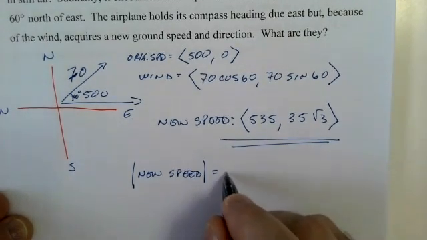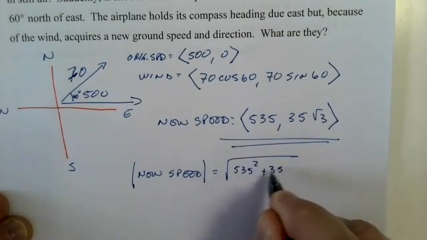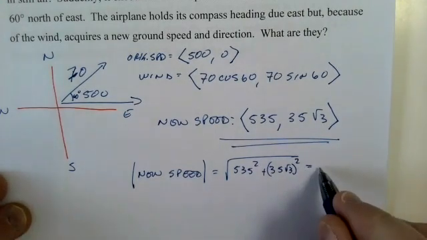So we get this fun stuff: the square root of 535 squared plus 35 root 3 squared. Punch that all out.